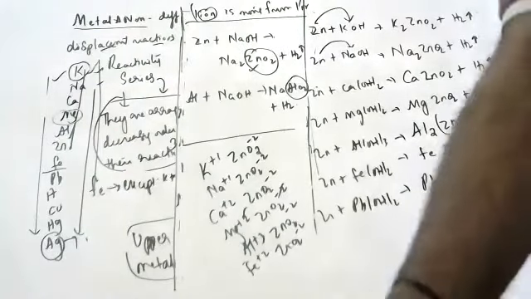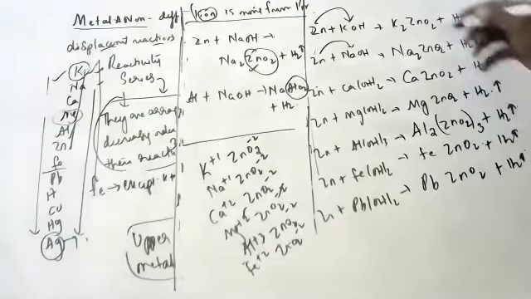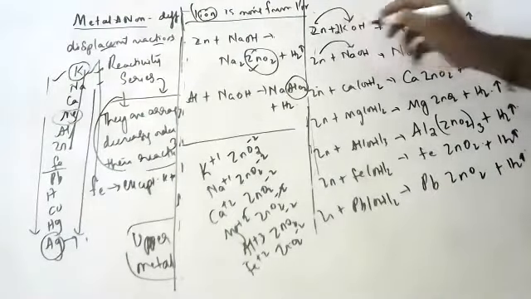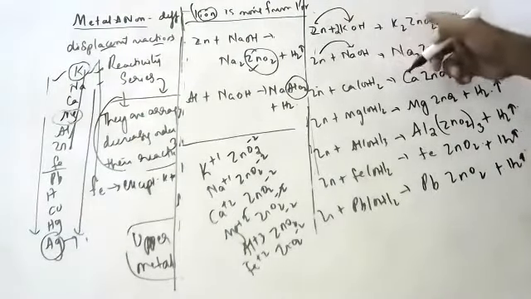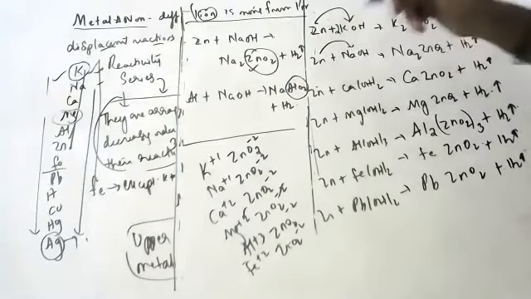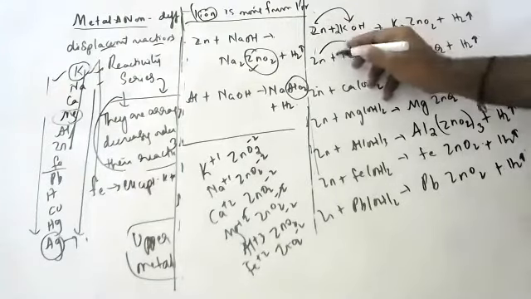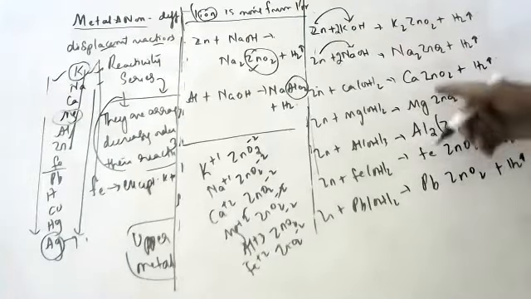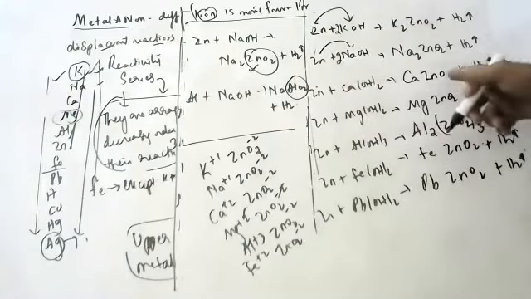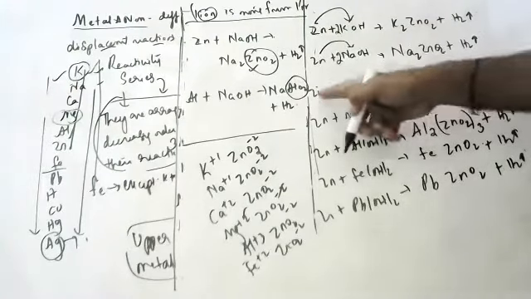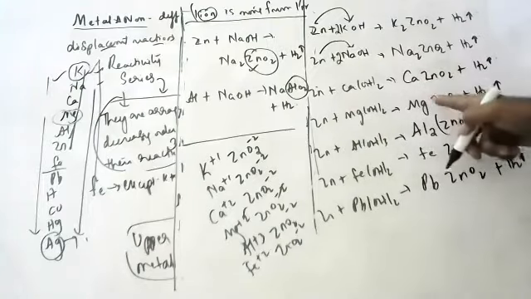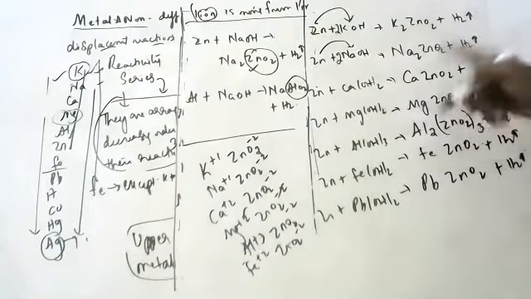Okay, so balancing, children. How do you do balancing? Two potassiums, one zinc, two oxygens, two hydrogens, balanced. Two sodiums, put here two sodiums, everything is balanced. One calcium, two hydrogens, two oxygens balanced, one zinc balanced. One magnesium, two hydrogens, two oxygens balanced.